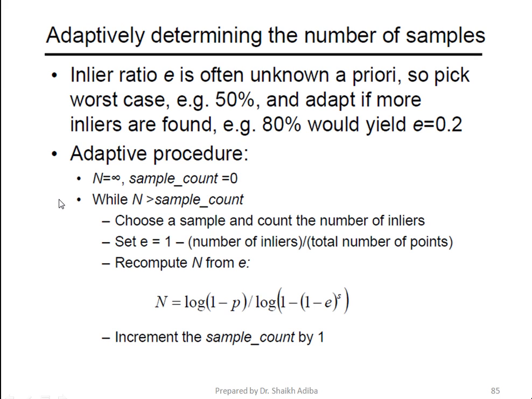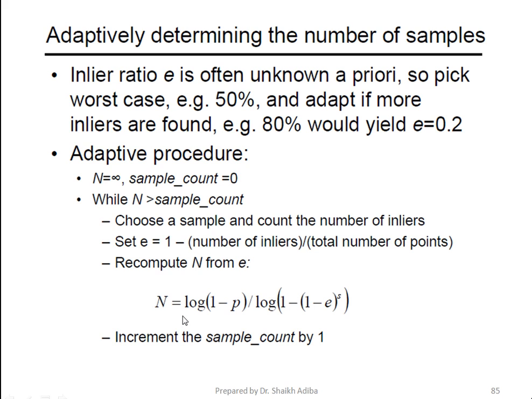While n is greater than the sample count, repeat. What do you have to repeat? Select the sample and count the number of inliers. Then set E, the outlier ratio, equal to 1 minus the number of inliers upon the total number of points. Then recompute n from E.